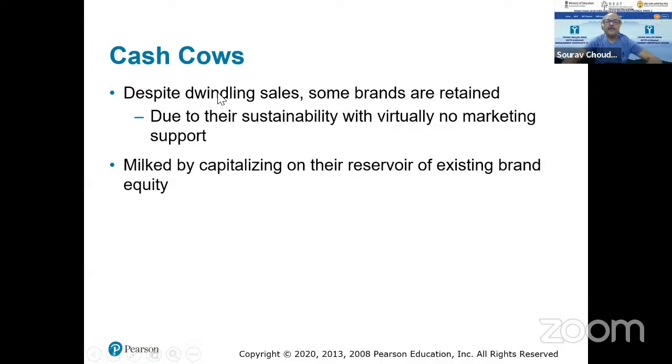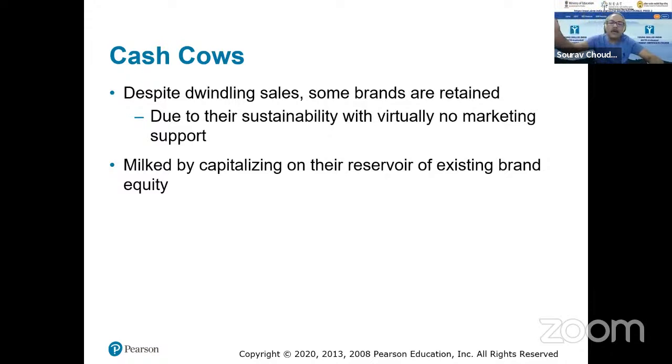Okay. Cash cows: despite dwindling sales, some brands are retained due to their sustainability with virtually no marketing support. This comes from a matrix called the BCG matrix, where every product has a life cycle. The product goes from introduction, where profitability is higher, then this brand goes to a stage where it doesn't have much market share growth, but that brand is very important to maintain profits.